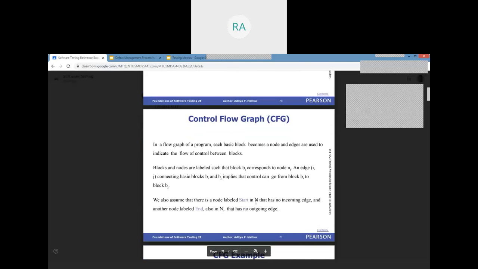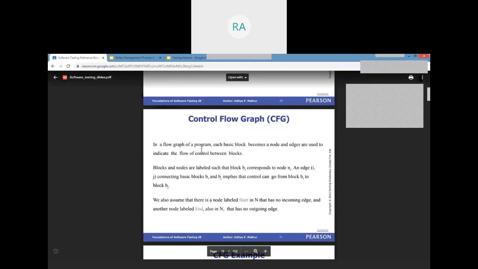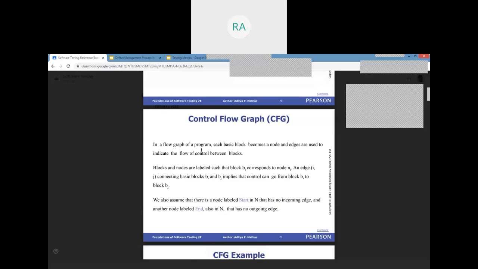Next, we have identified the basic blocks. Then how can I make use of these basic blocks in the control flow graph? See here. In the flow graph of a program, each basic block becomes a node, and edges are basically used to indicate the flow of control between blocks.